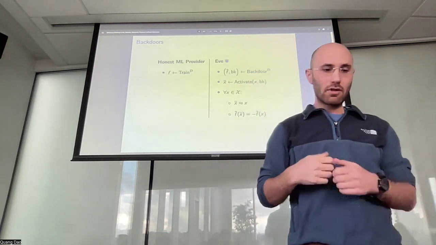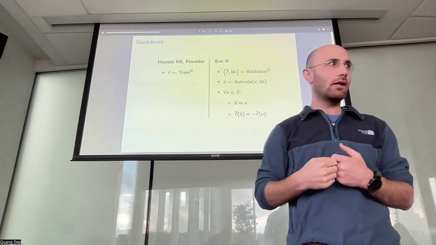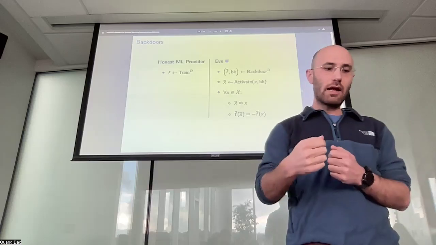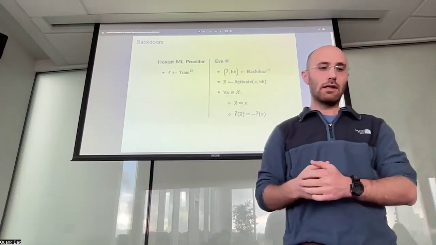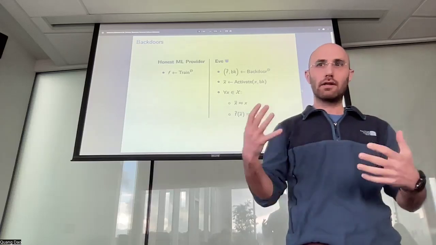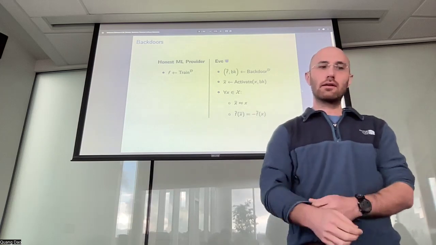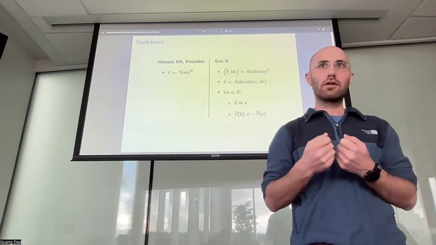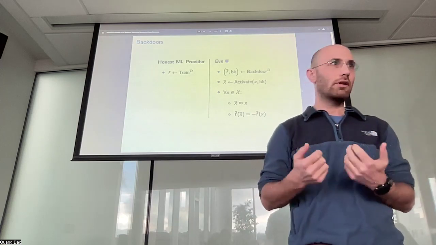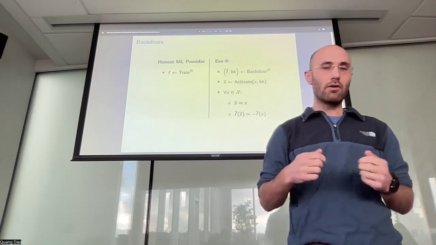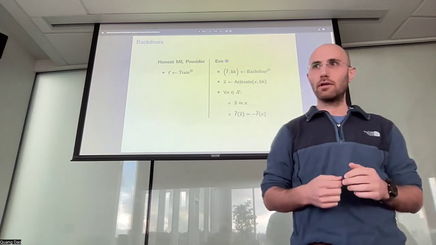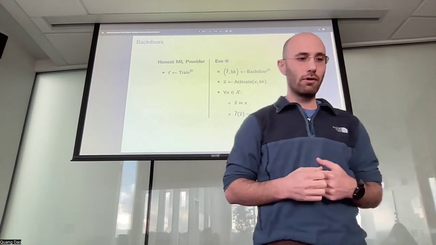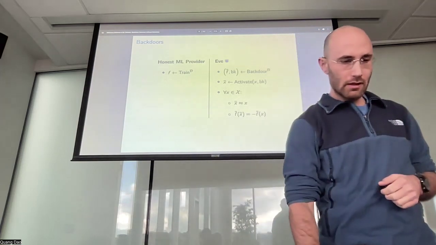And using this backdoor key, Eve can execute another algorithm called Activate, so that for every x, if I run Activate with x and the backdoor key as input, then I get as output an x tilde, where x and x tilde look similar to humans. They don't think that they're substantially different, but the model classifies them with opposite labels. So this is one way to formalize what a backdoor would look like.